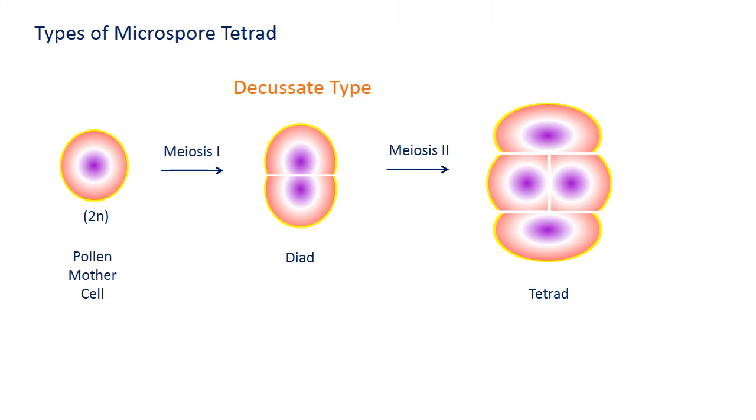Fifth type is decussate type of tetrad. Here, the nucleus of the pollen mother cell divides simultaneously two times to form four daughter nuclei. These daughter nuclei are arranged in four directions in a single cell.